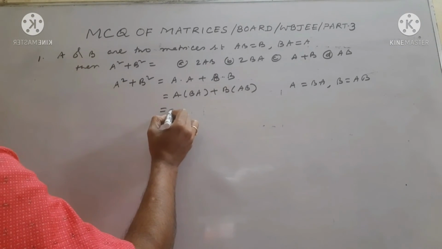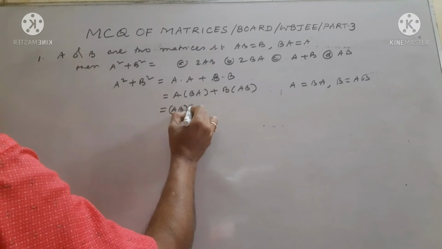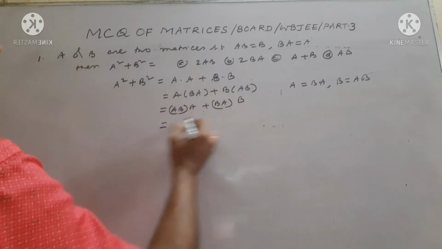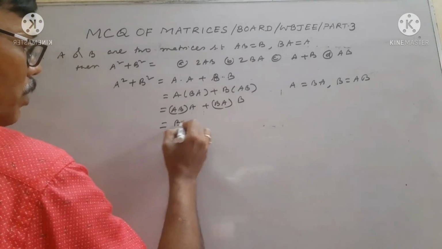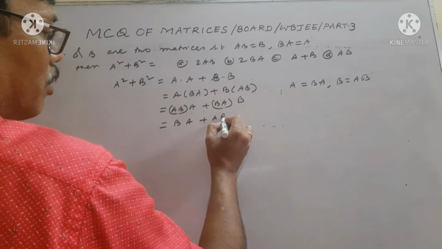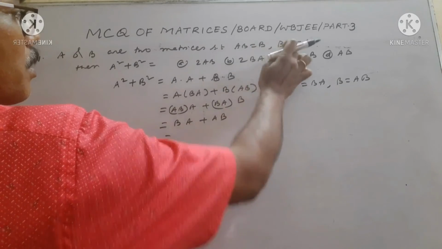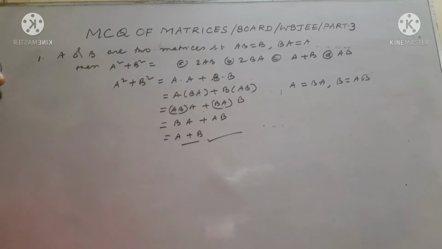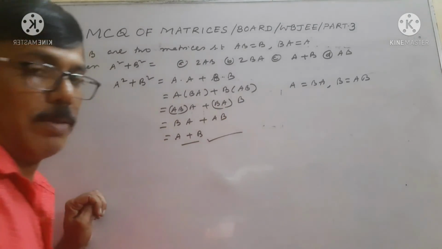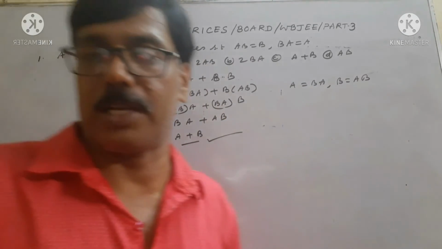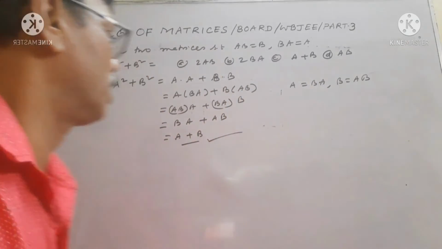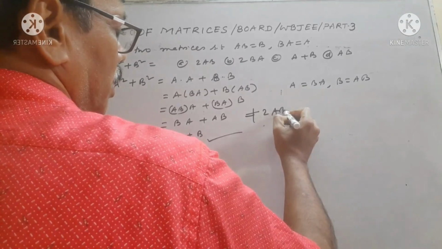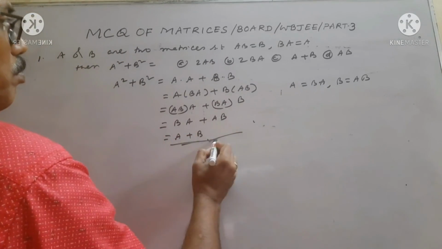Now matrix multiplication is associative. So AB into A, this is BA into B. Now what is AB? AB is B. So B into A. What is BA? BA is A. So A plus B. You do not write it as AB, because matrix multiplication is not commutative in general. It is not equal to AB because AB does not equal BA.